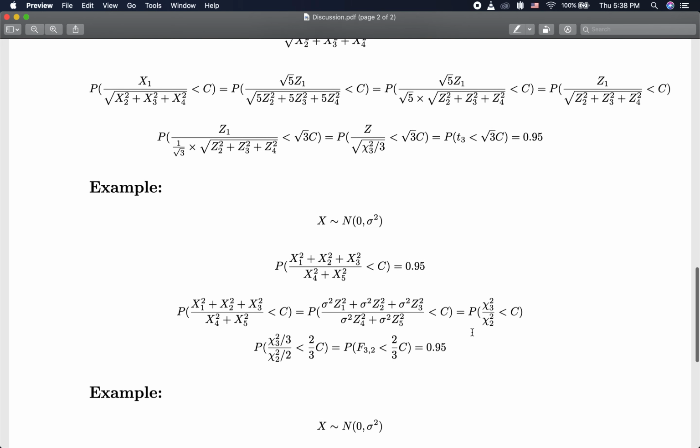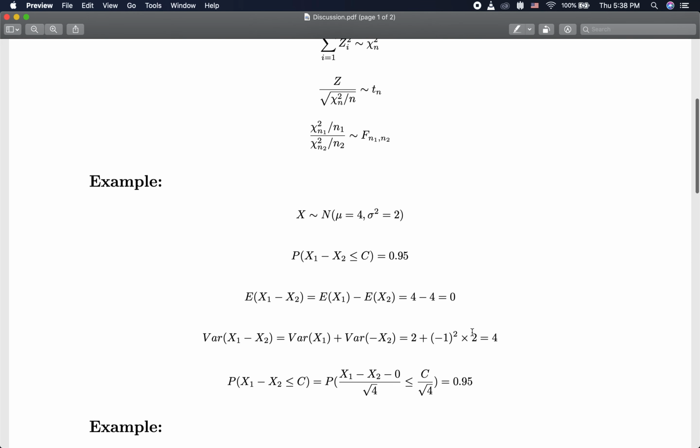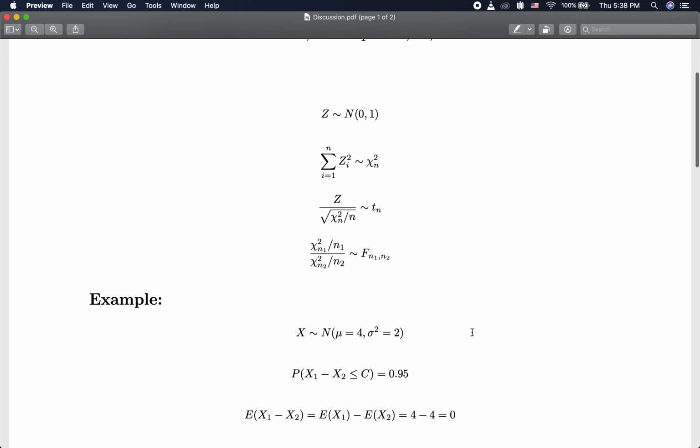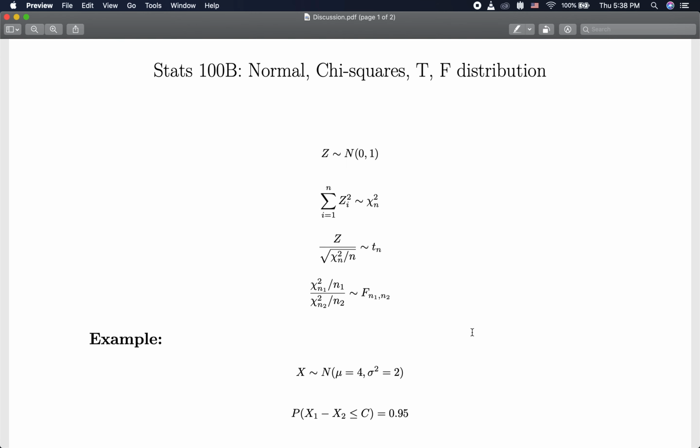So basically in this discussion, we are manipulating by using the properties and rules of these distributions, to construct another distribution that we are more familiar with, and then we can find the probability or the quantile of that.